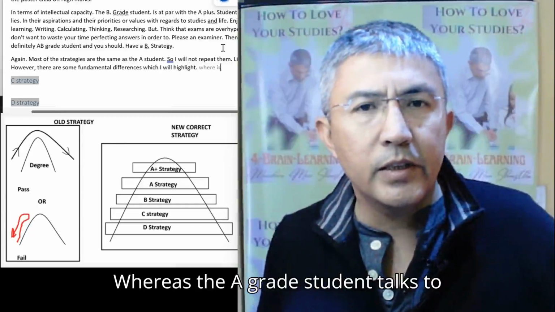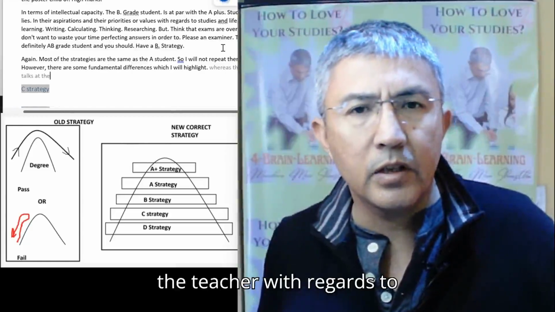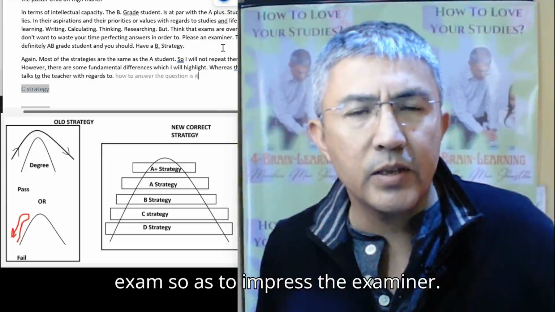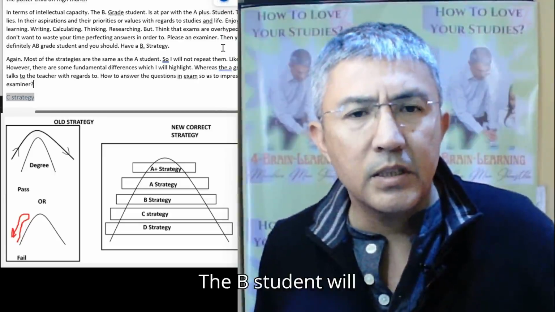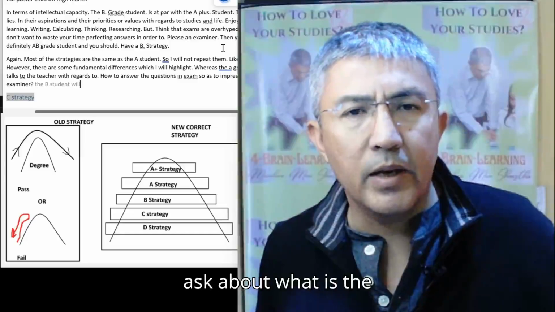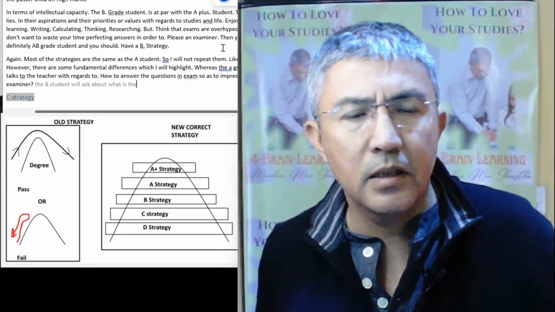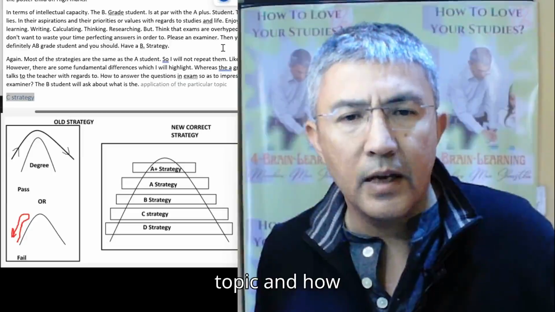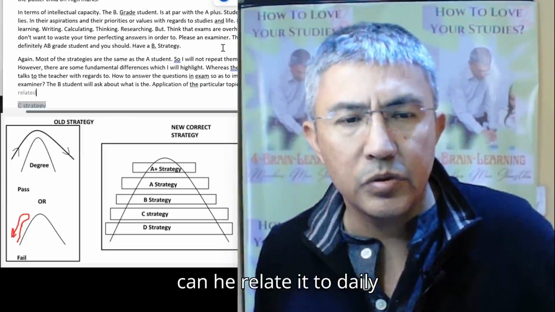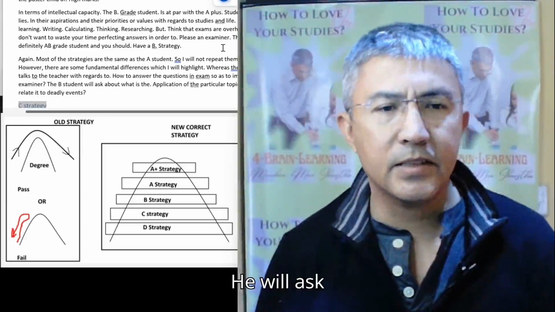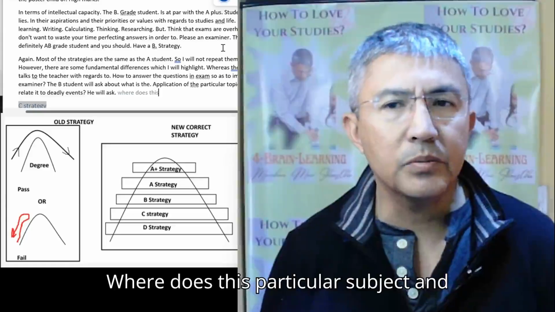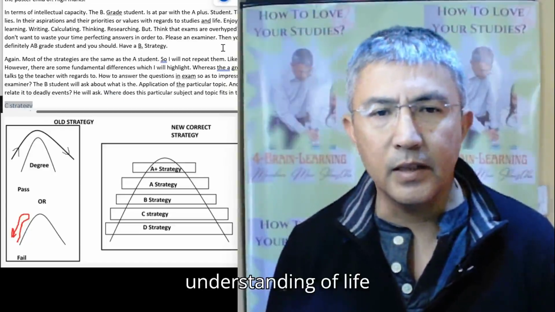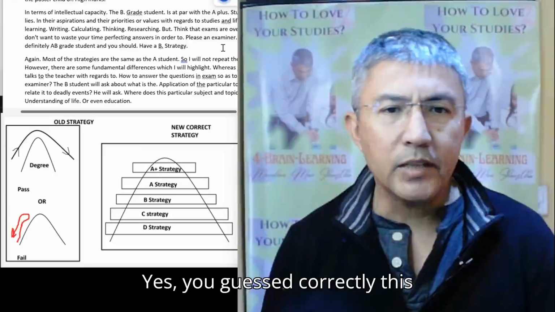Whereas the A grade student talks to the teacher with regards to how to answer the questions in the exam so as to impress the examiner, the B student will ask about what is the application of a particular topic and how can he relate it to daily events. He will ask where this particular subject and topic fits in the overall understanding of life or even education.